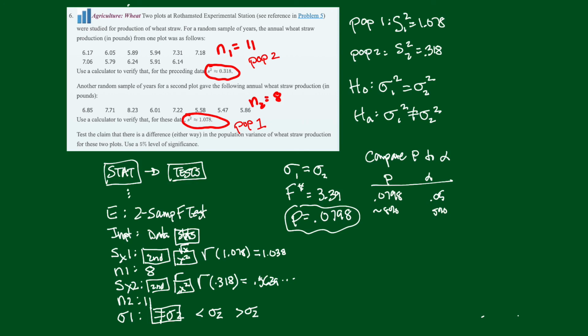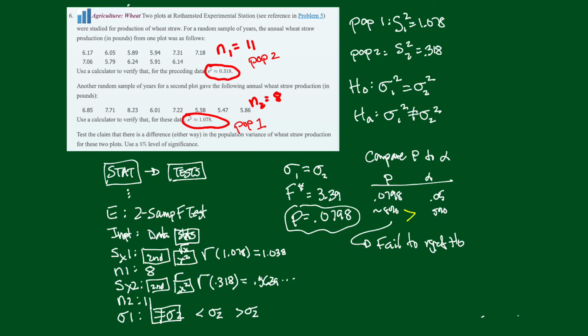Now, compare them. How does about 8% compare to 5%? Well, 8% is bigger than 5%, and if it's greater than, that tells us to, you got it, fail to reject H0.